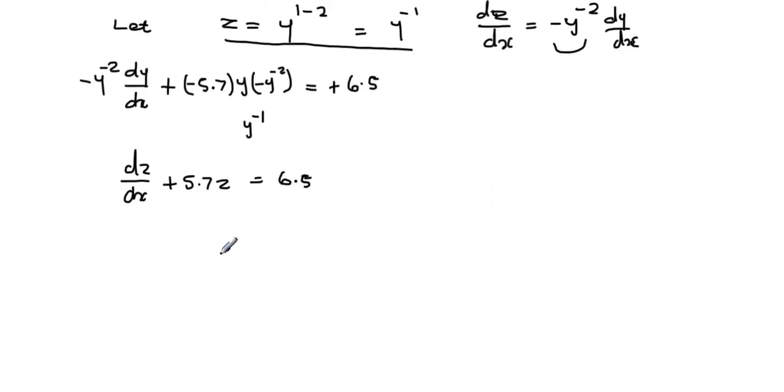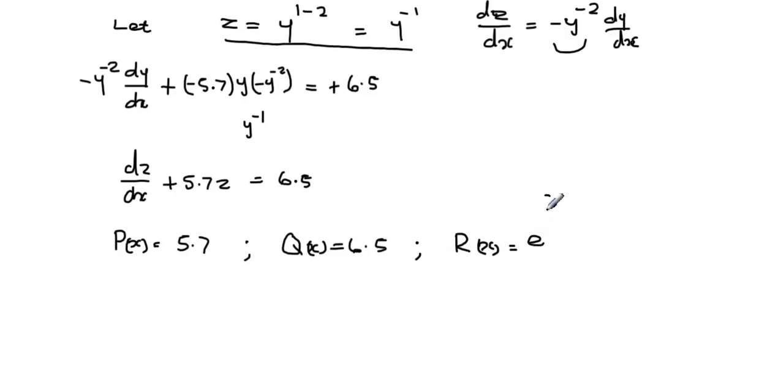In this case, our p of x is identified as a constant function, which is 5.7, and our q of x is simply 6.5. Our integrating factor, a function of x, would be e to the power integral of 5.7 dx, which simply integrates to e to the power 5.7x.